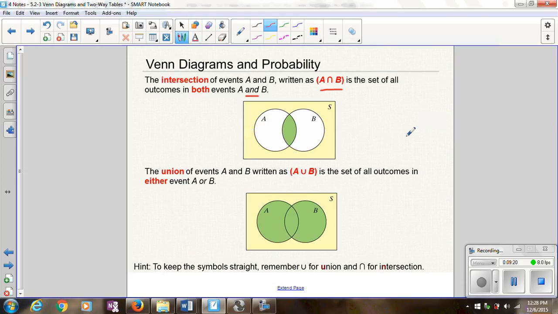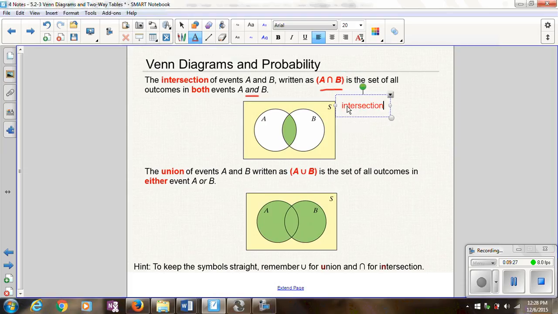An intersection, it's probably easier if I type this. An intersection corresponds to that upside down symbol. Let me see if I can find it.